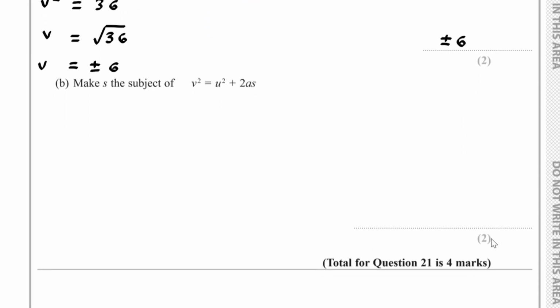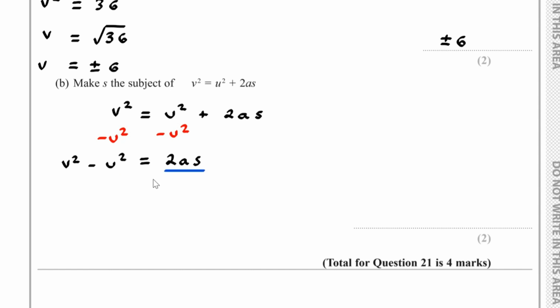Then for part B, we have to make s the subject of v squared equals u squared plus 2as. Well, we've got v squared equals u squared plus 2as. And if we subtract u squared from both sides, we have 2as equals v squared subtract u squared.